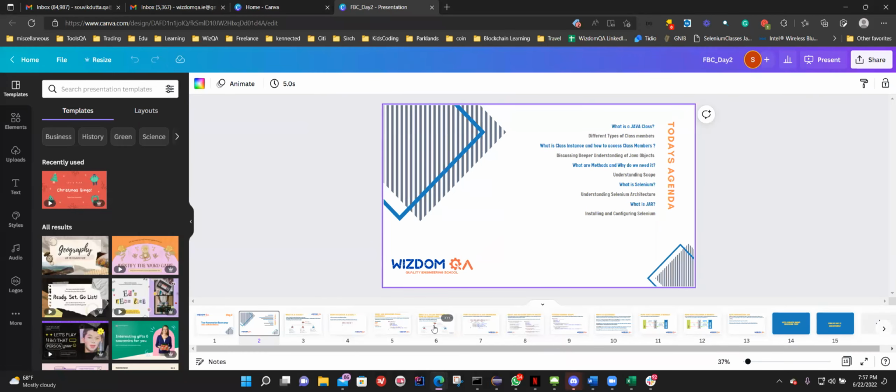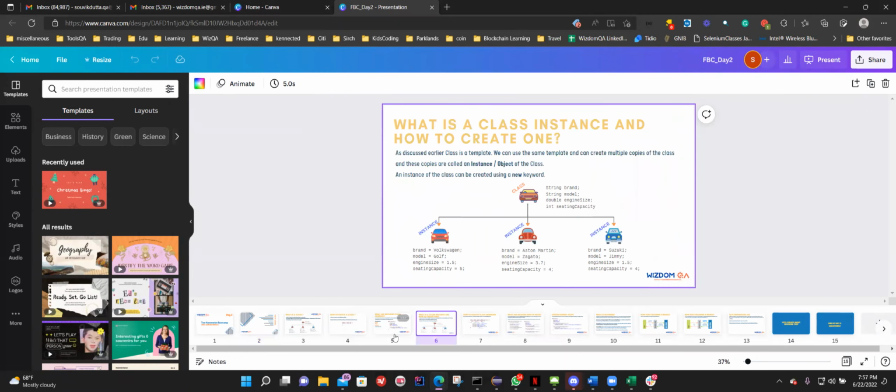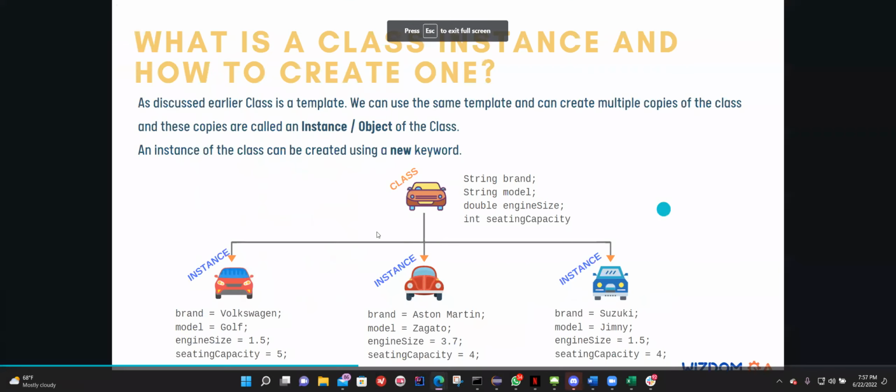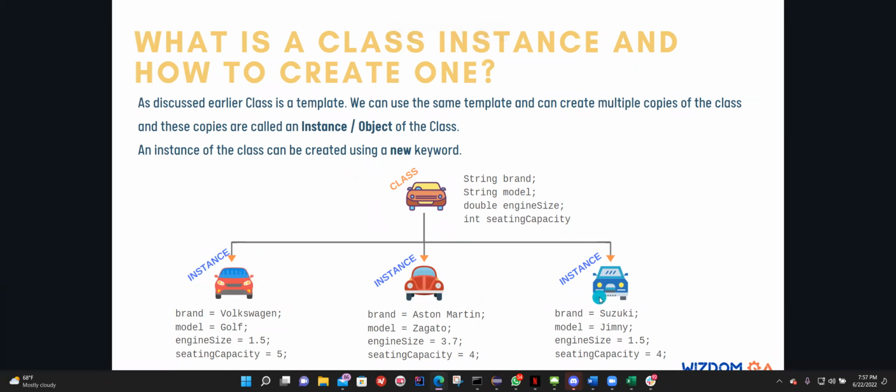All right. So if you look into my diagram here, that is exactly what I'm trying to say. It is a class template, and then you create multiple instances out of it. As discussed earlier, class is a template, and then you create multiple copies from that template, which is called an instance or object in Java.